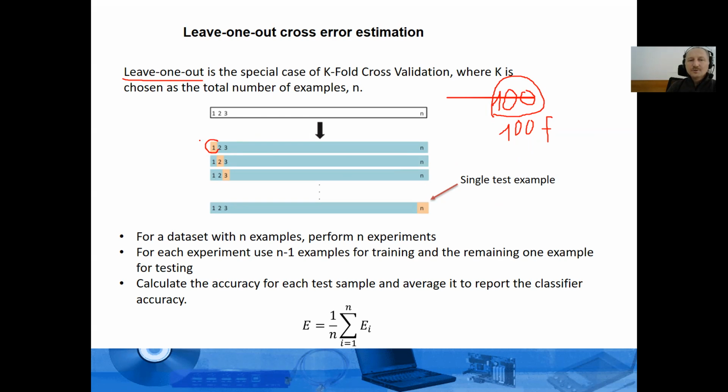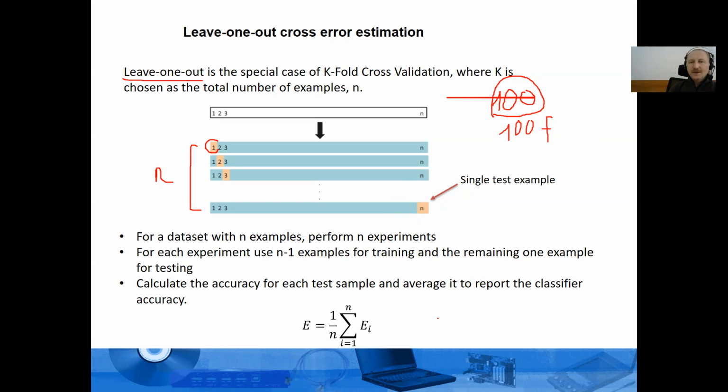And how many times will you repeat this test? 100 times, n times, because your size is n. It will take too much time, but you will get a more reliable result in terms of the accuracy report.